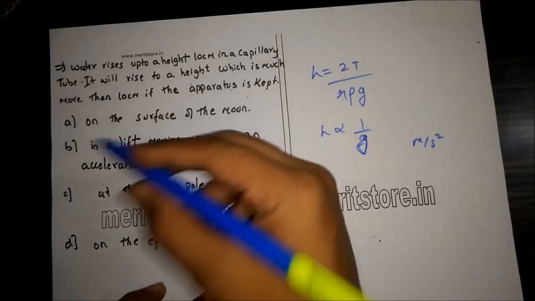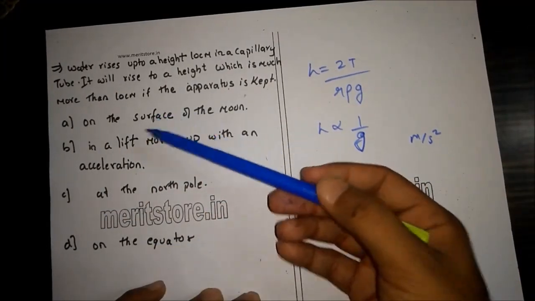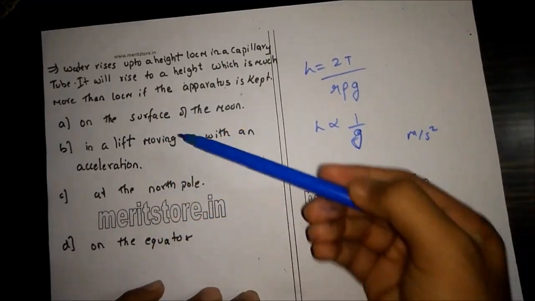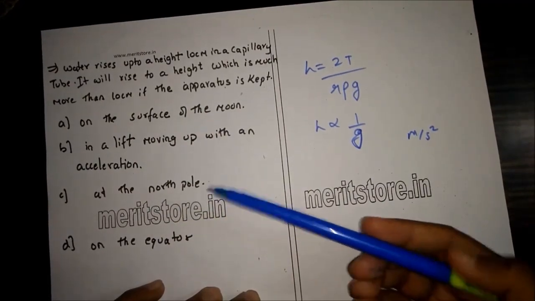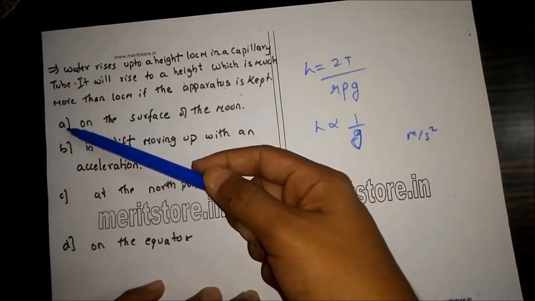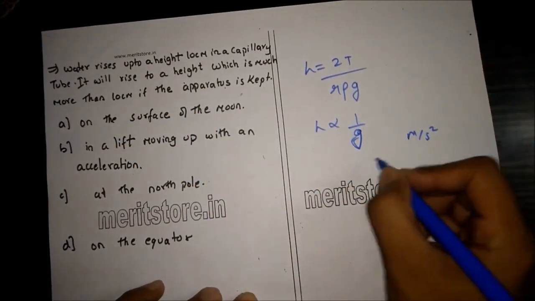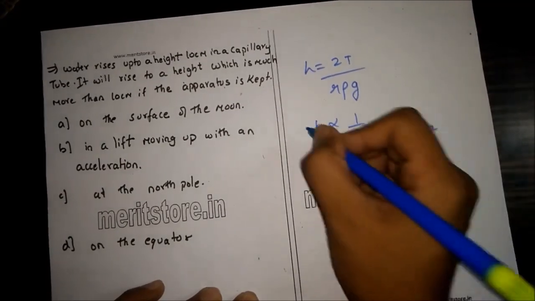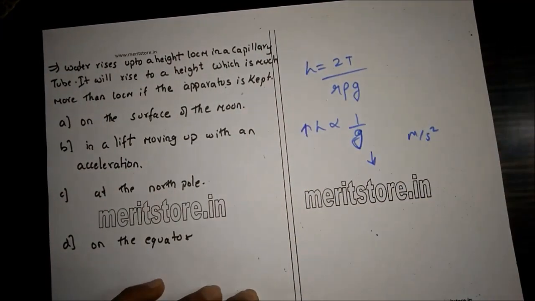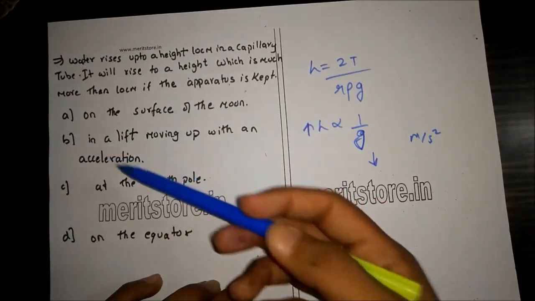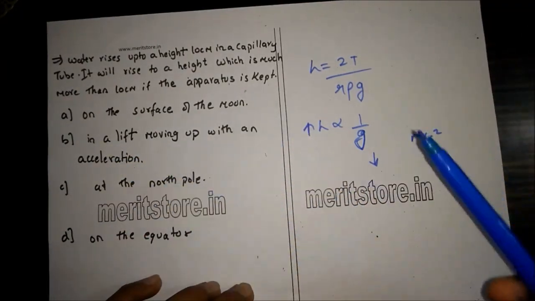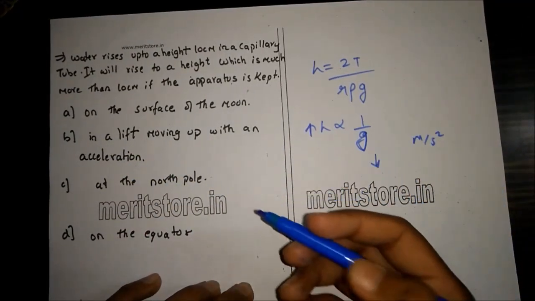So in options B, C and D, as the apparatus is kept on earth, it will be the same for every G. However, when we are on the surface of the moon, the g decreases significantly, which leads to an increase in height. Therefore, the answer here will be option A, because on the moon gravity is much lower. Therefore, the correct answer is option A.